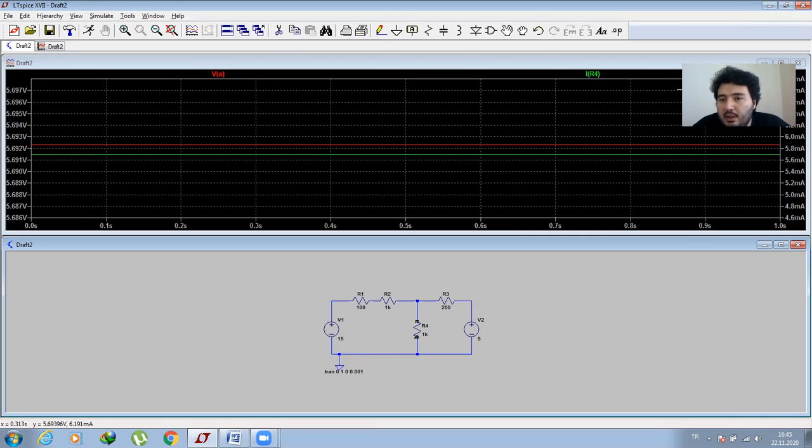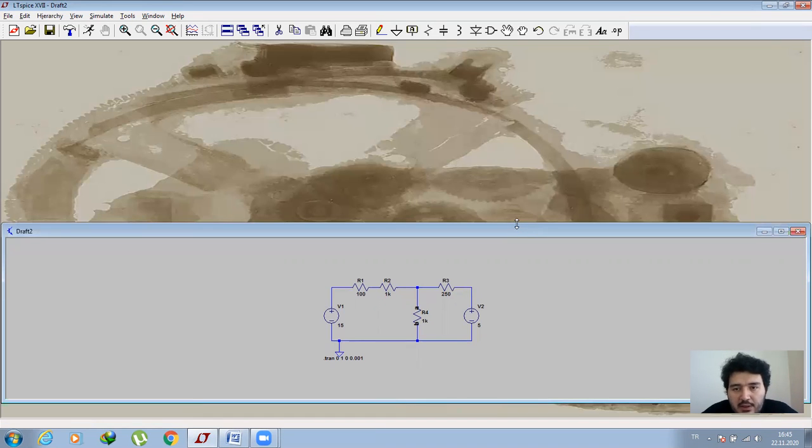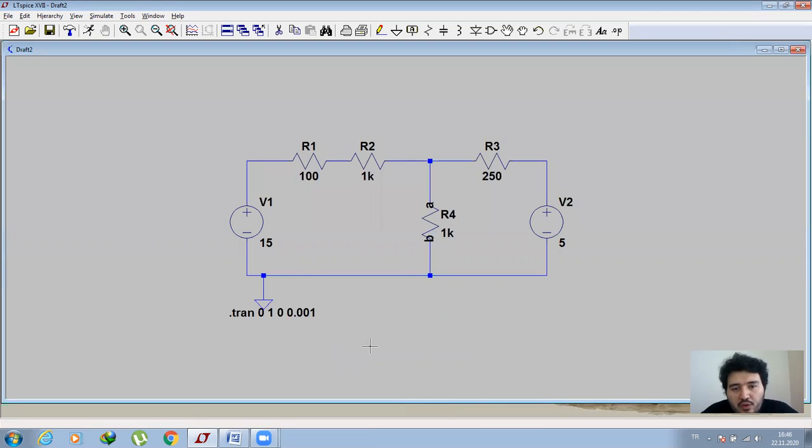Please see the milliamp and voltage. The units are important. So I'm closing this, and I got 4 measurements.